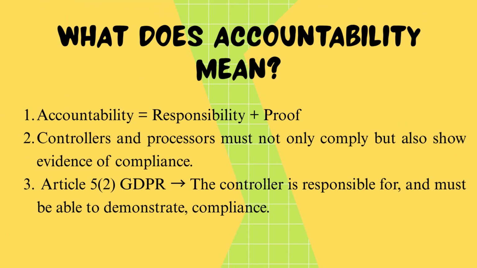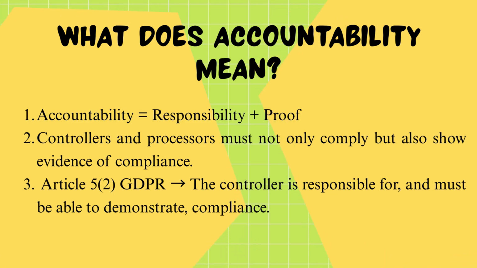Accountability is equal to responsibility plus proof. In simple words, it's a simple formula, but it changes everything about compliance. So, under GDPR Article 5(2), the controller, the one deciding why and how data is processed, is responsible for compliance and must be able to demonstrate that compliance at any time.